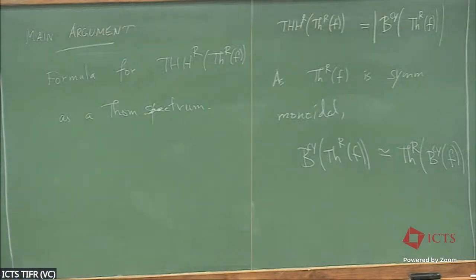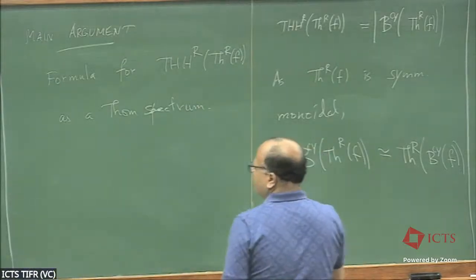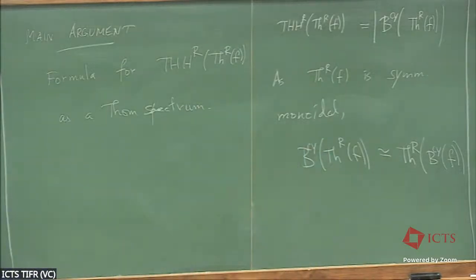But what does that mean? What is the cyclic bar construction on F? Well, you have to go back to what is the symmetric monoidal structure on the left hand side. Roughly speaking, if your BGL1R was commutative, the monoidal structure is like taking the product of the maps and then using the multiplication on BGL1R.